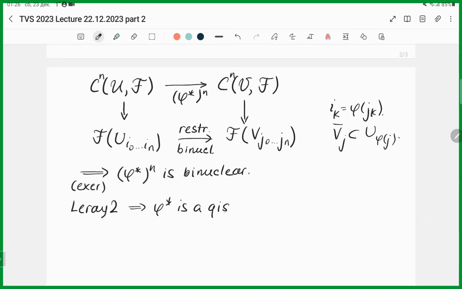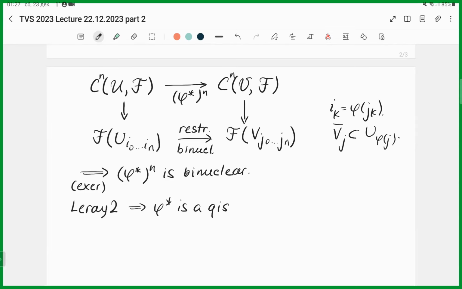Well, why is it a quasi-isomorphism? Let's recall that the Leray theorem states that if U and V are acyclic for F, then it's a quasi-isomorphism. But they are indeed acyclic because they consist of Stein open sets.